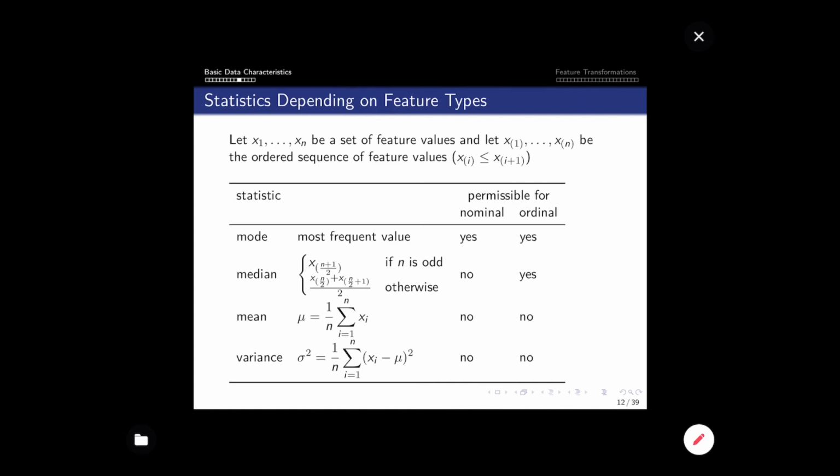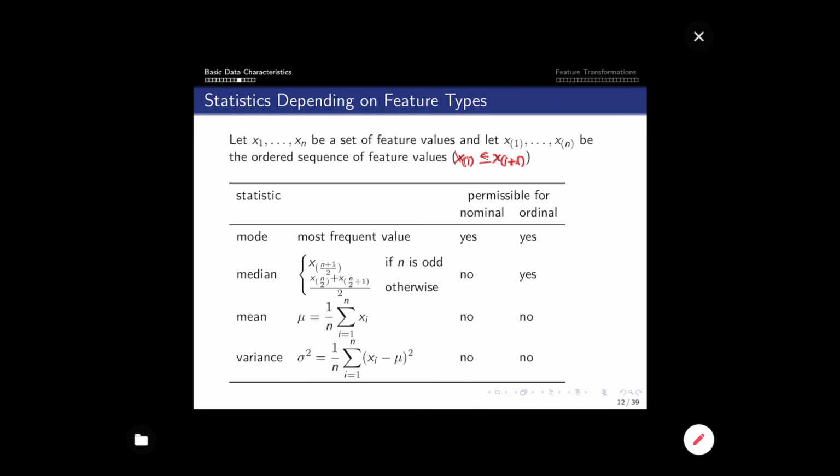For this we assume that we have a sequence of feature values x1 to xn, and we write with these indices in parentheses the ordered sequence of the feature values. So that means that x(i) is smaller than or equal to x(i+1).